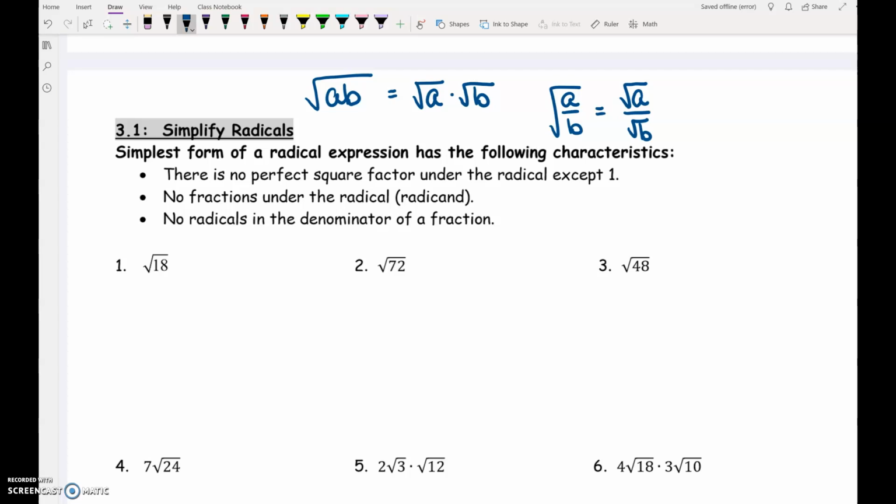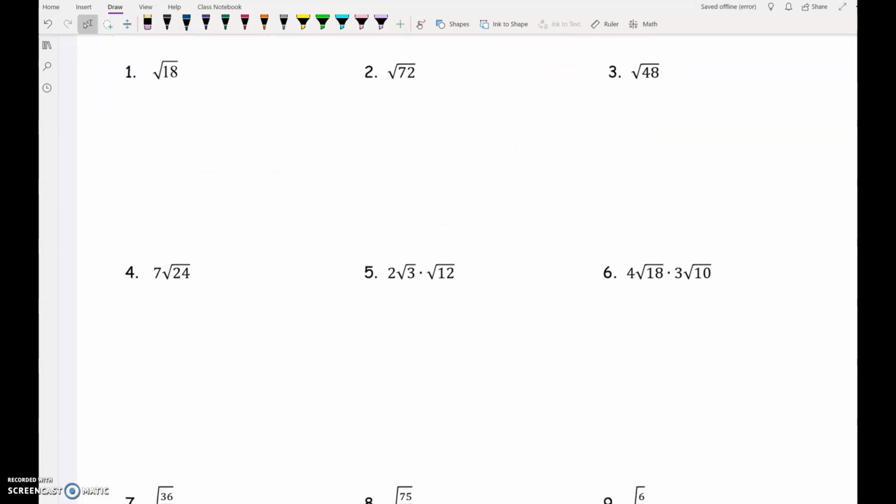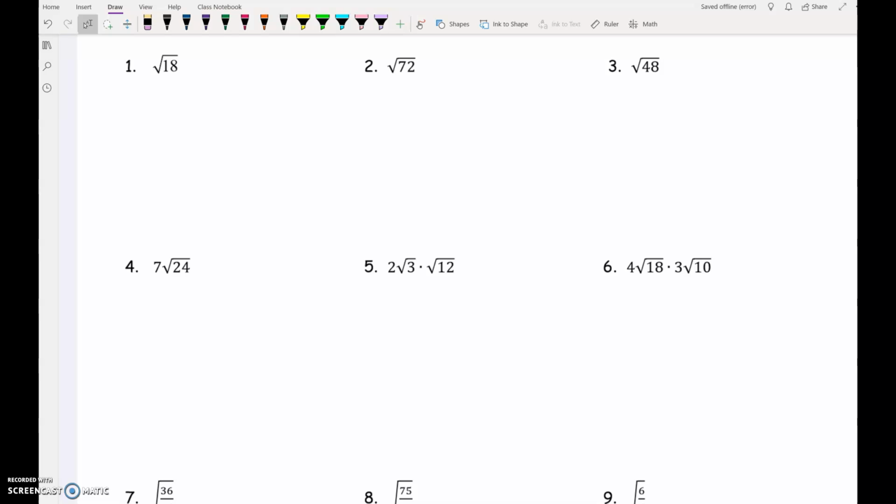The other thing we need to review is your perfect squares. So the list of numbers that are created by multiplying numbers by themselves. On the right side of our paper, or maybe on the left side, we'll put it somewhere.